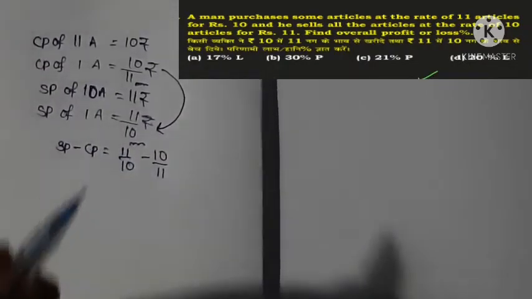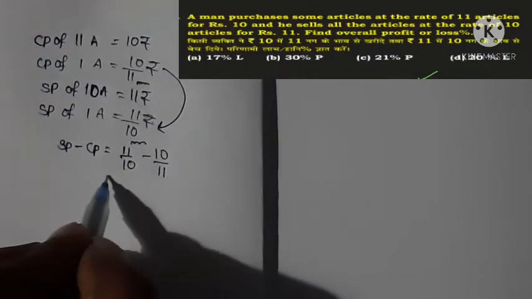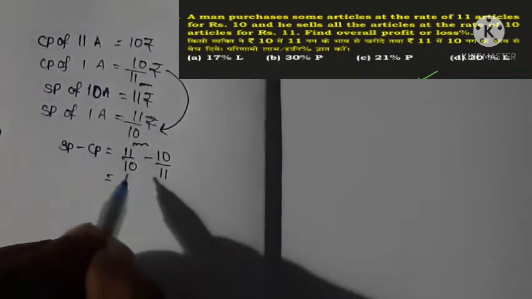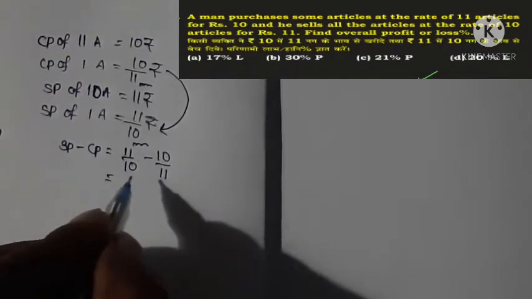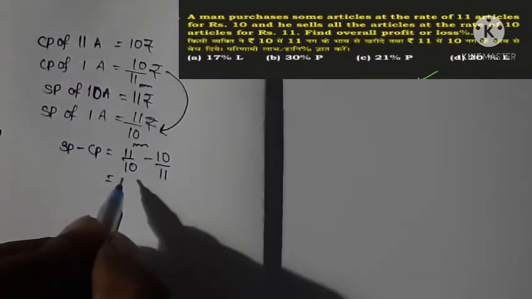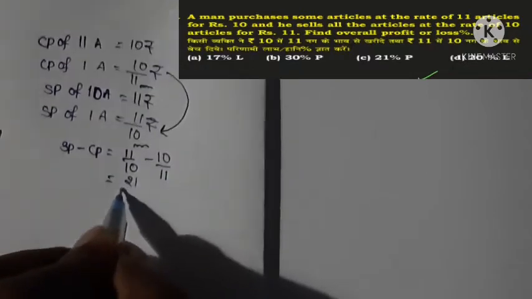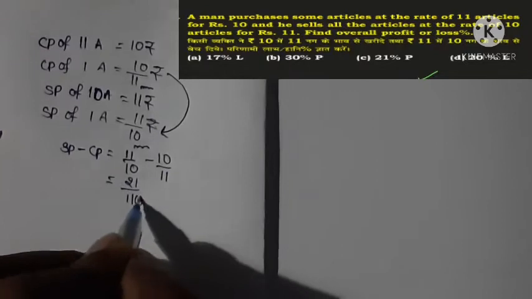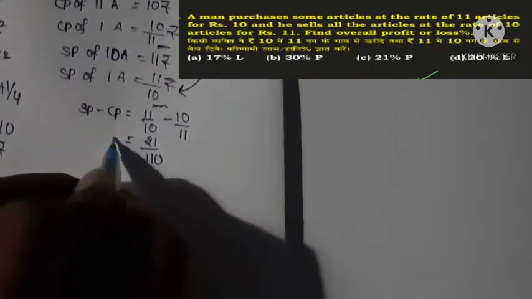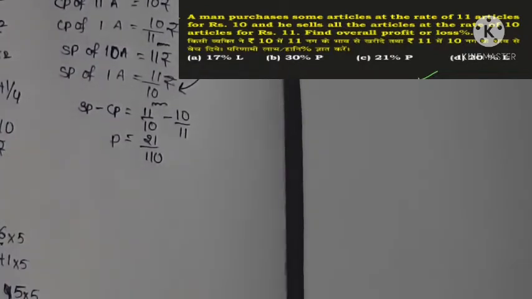So that value is equal to, LCM is 110, so 121 minus 100, so the value is equal to 21 by 110. So here the profit is equal to 21 by 110.